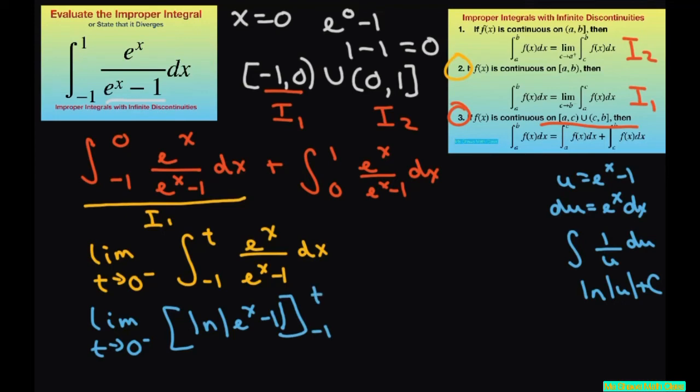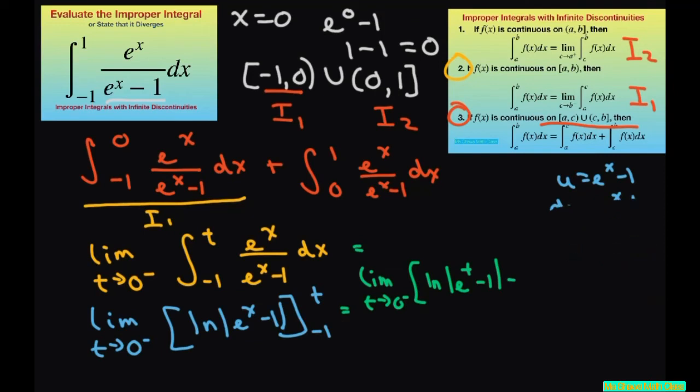Writing this out, this is going to be the limit as t approaches 0 from the left. We start with t, so we get ln of e to the t power minus 1, minus ln of e to the -1 power minus 1.